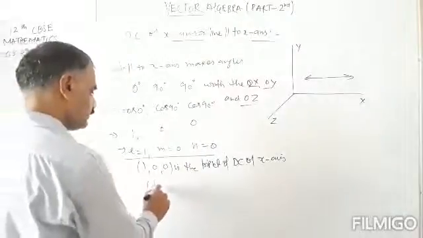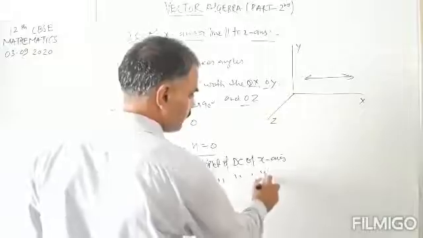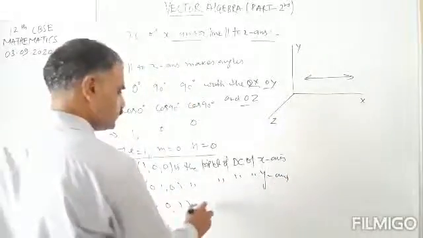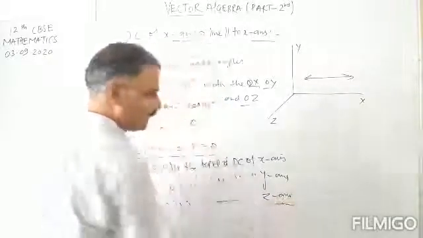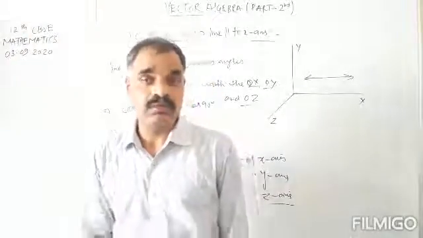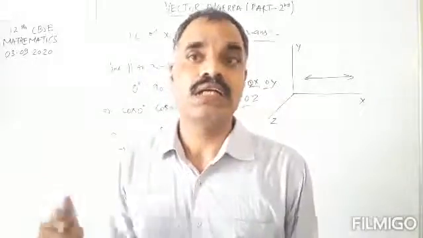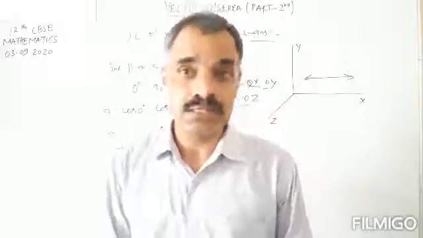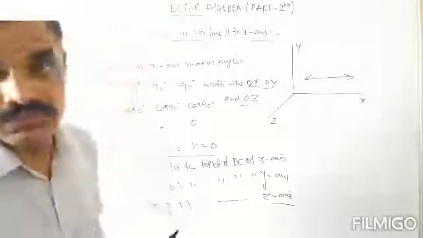Okay, so 0, 1, 0 is the triplet of direction cosine of y axis, and 0, 0, 1 is the triplet of z axis. Okay, so these are also important. Whenever we will solve the questions related to the straight line, we will use these direction cosines. Okay, and it is important to mention here in this topic, that is direction cosine and direction ratio.